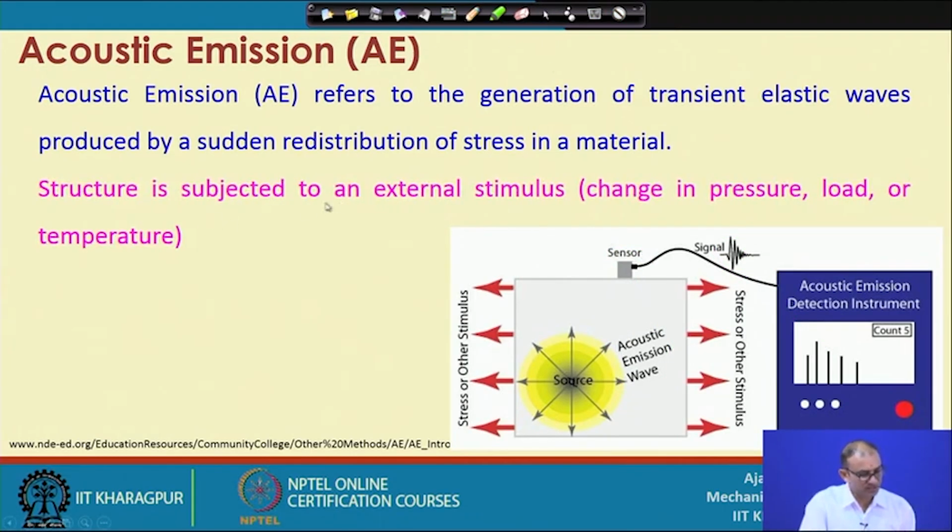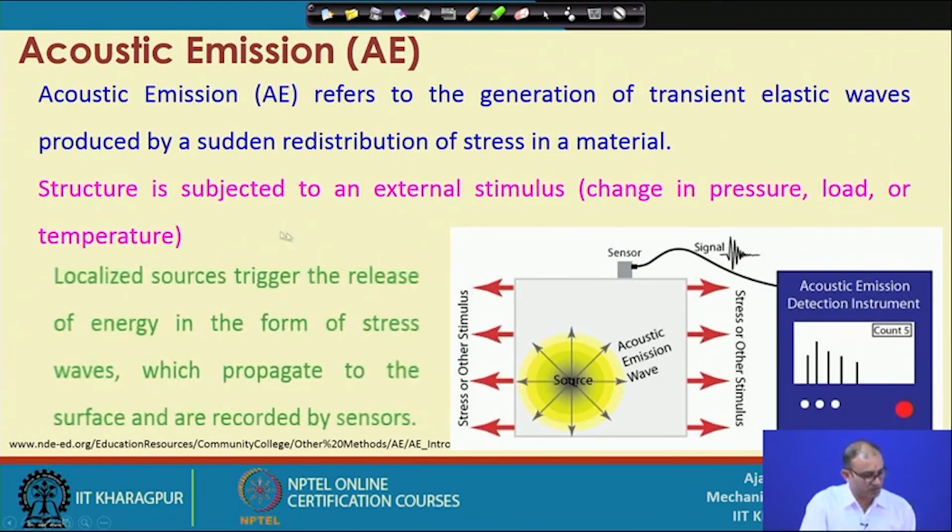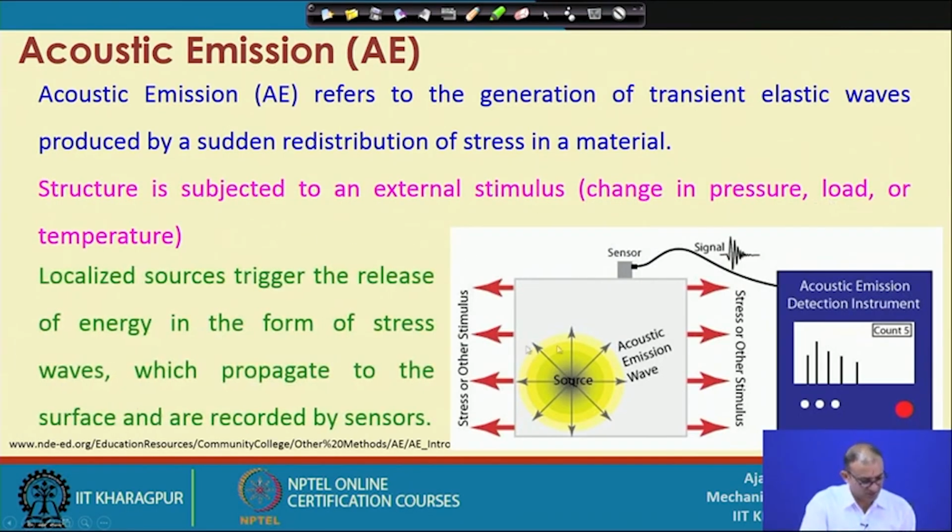The structure is subjected to an external stimulus, such as a change in pressure, load or temperature. Because of that, you get a different type of signal, and localized sources trigger the release of energy in the form of stress waves. That is what we call elastic emission waves, which propagate to the surface and are then recorded by the sensor.